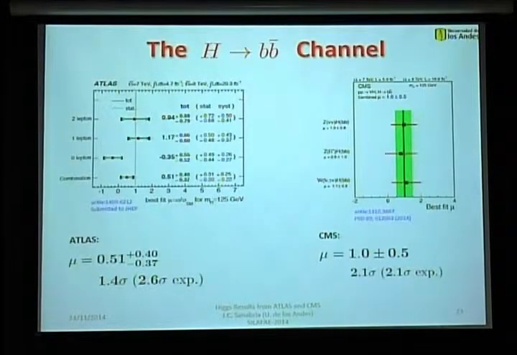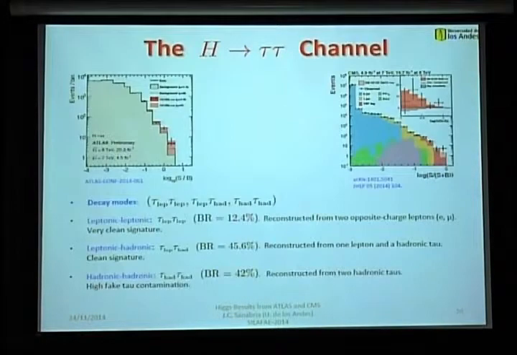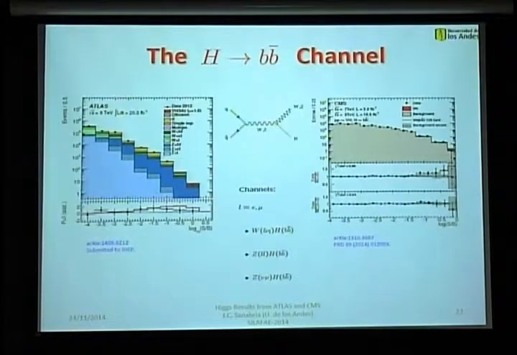The BB channel is pretty similar. Yes, the BB bar channel. Again, in the case of the gluon fusion production channel, it would be confused with all the jets that accompany that event.